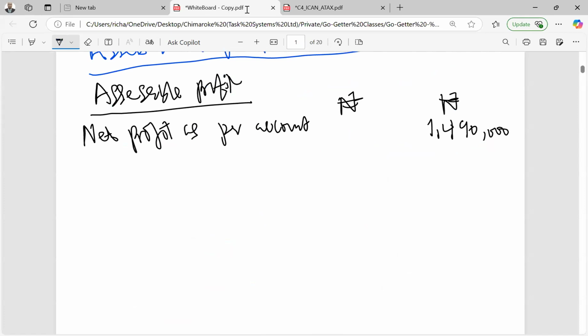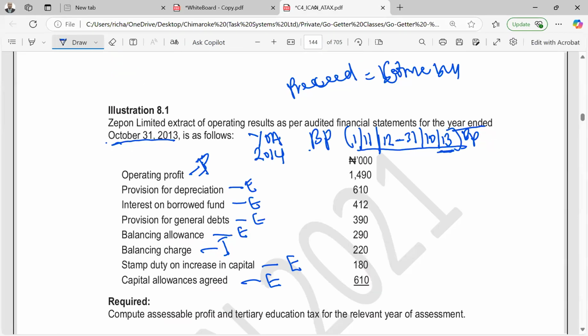Okay. So the next thing you do here is what are those income that are not supposed to be taxed? There are no income here. We'll treat balancing charge later.